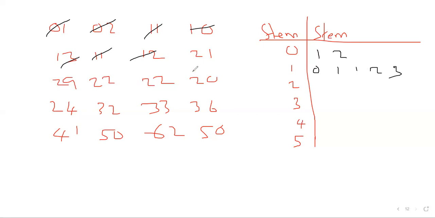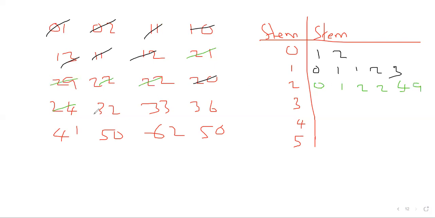And on the 20s, the smallest is what? 2, 0. 2, 0. Then we have 21. Then we have 22, another 22. Then we have 24, and 29.